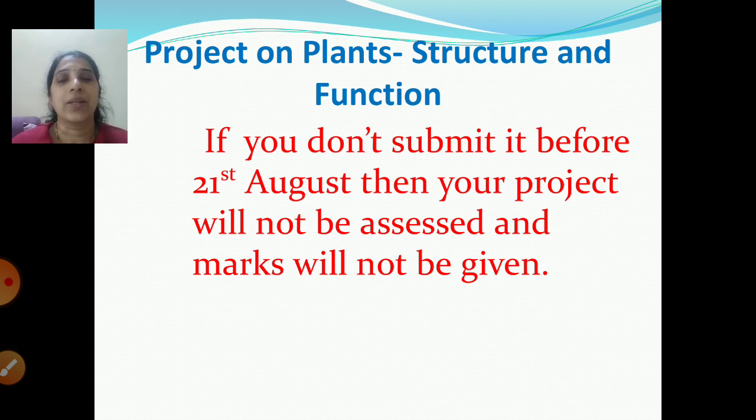And I had told you to draw 5 different types of arrangement of leaves on the stems, that is alternate, decussate, opposite, whorled and spiral. So this was the project. Children, try to submit it before 21st August.